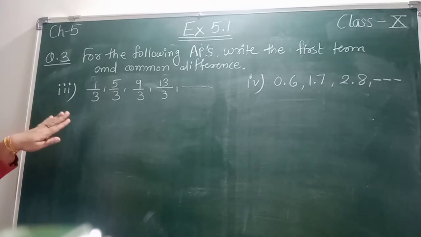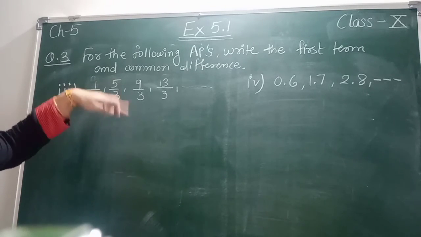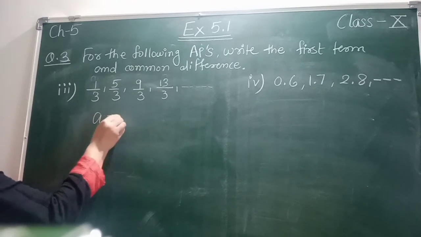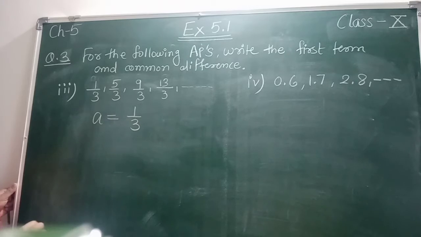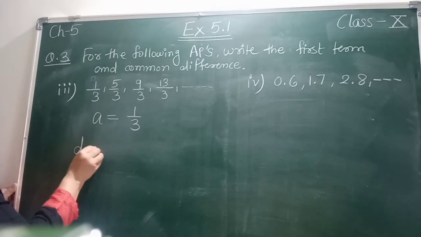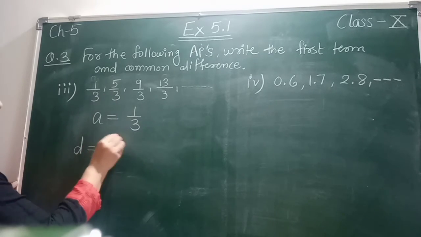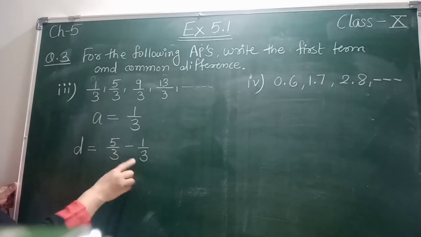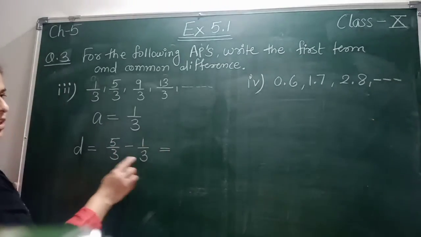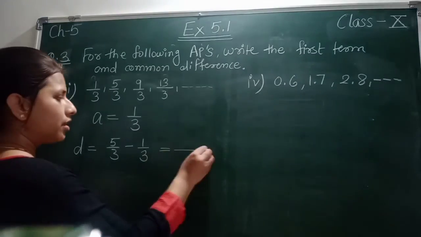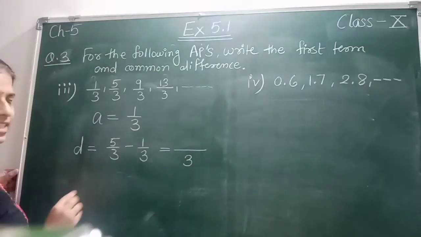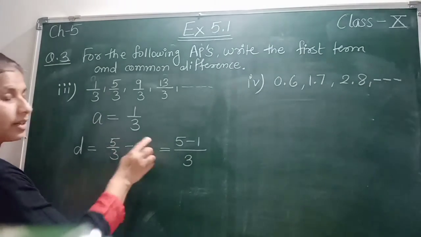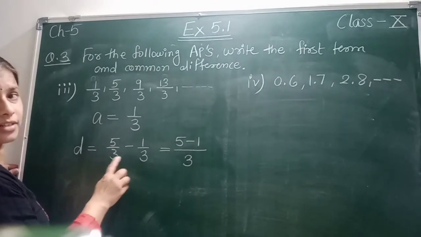Third part of this question is 1 upon 3, 5 upon 3, 9 upon 3, 13 upon 3 and so on. As you can see here, the first term is 1 upon 3. And for finding the value of d, we will subtract 5 by 3 minus 1 by 3. As you can see here, student, both the fractions are like fractions. So the denominator we will write as it is, and in the numerator we will write 5 minus 1, because the denominators are same.